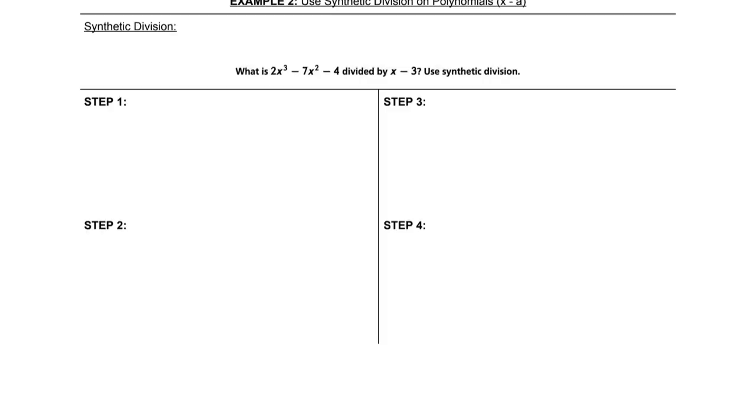All right, now what we're going to do is a different type of division. This is called synthetic division on polynomials. Okay. So what is synthetic division?